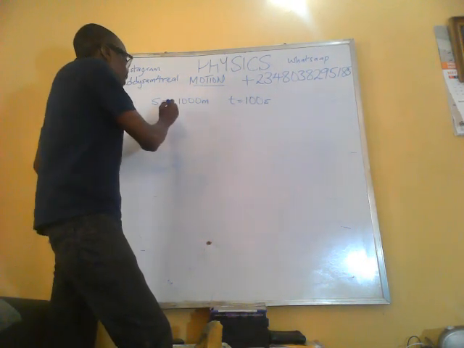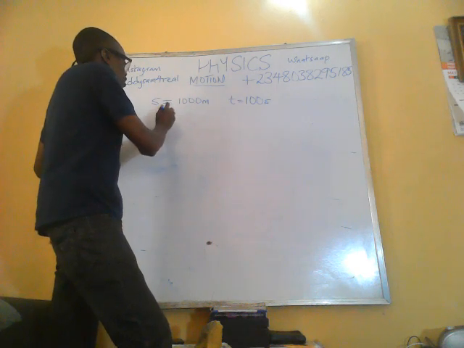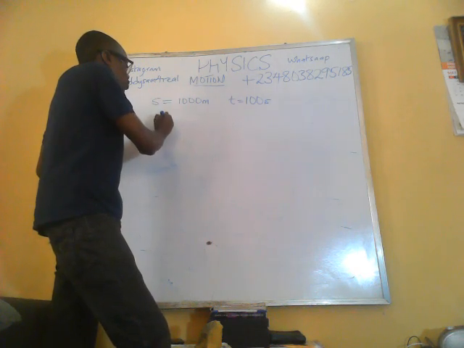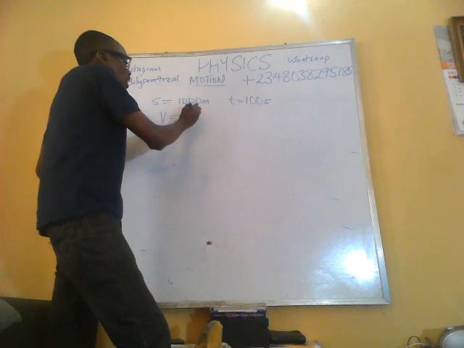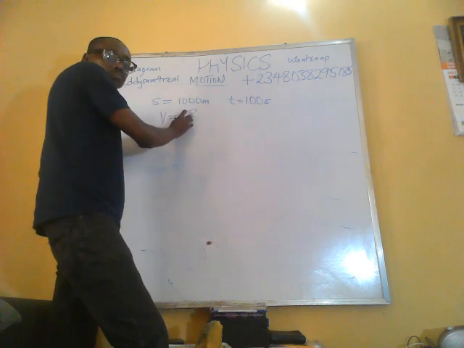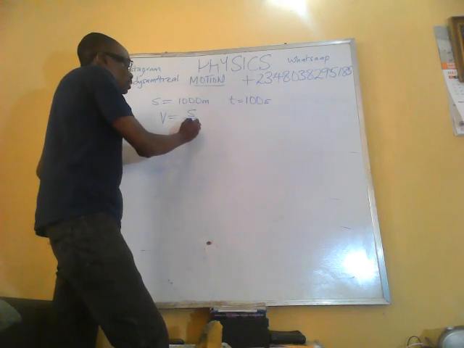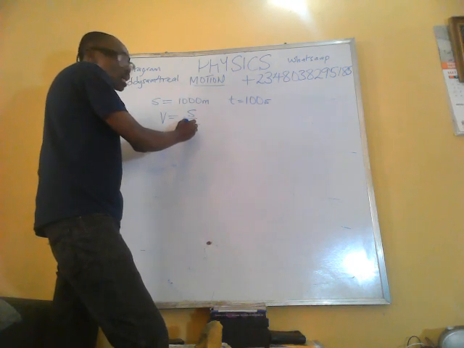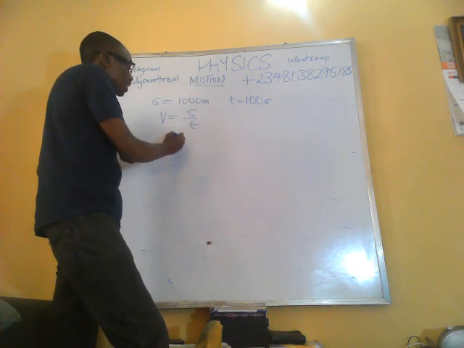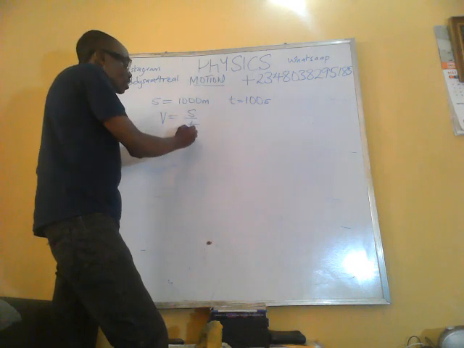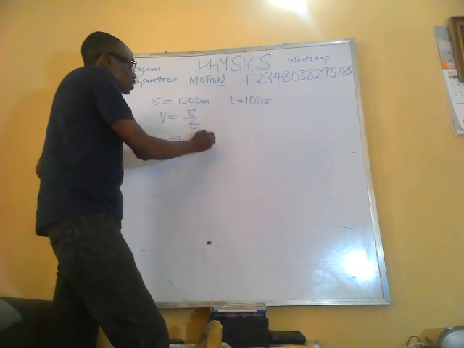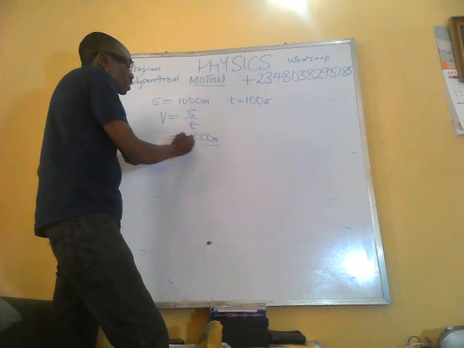So our formula is that speed, which I said we should use the symbol v, is equal to distance, which is symbol s, over t, which stands for the time. So going ahead to solve, our distance here is 1000 meters.